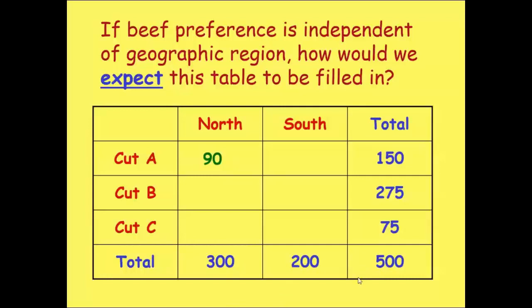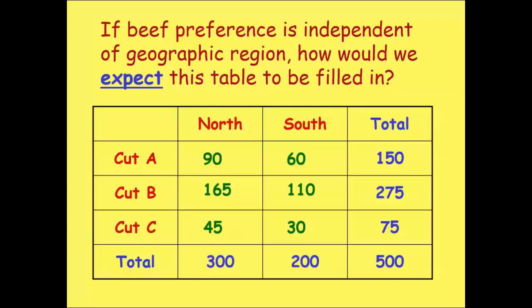So 2/5 of 150, or 2 times 150 divided by 5, would be 60. Okay, and then I can go through this entire chart and do that same logic. So 3/5 of the 275 is 165, and 2/5 of the 275 is 110. 3/5 of the 75 is 45, and 2/5 of the 75 is 30.